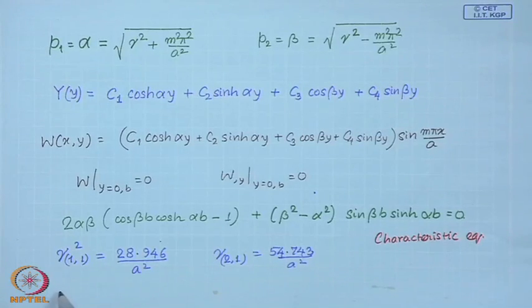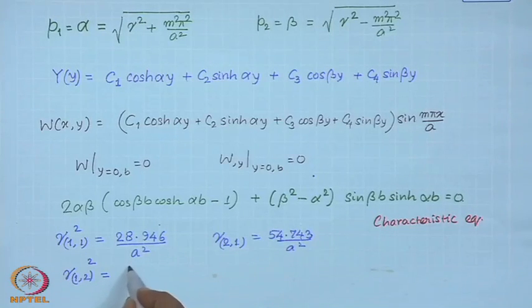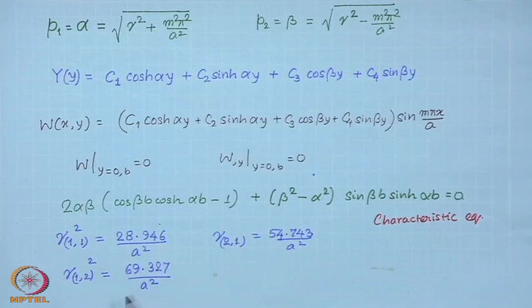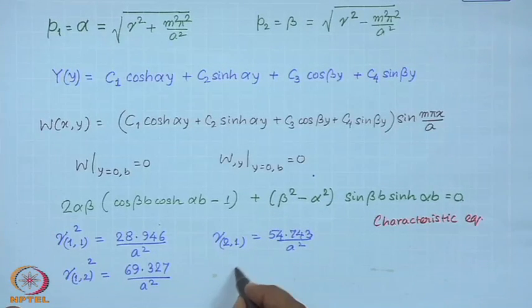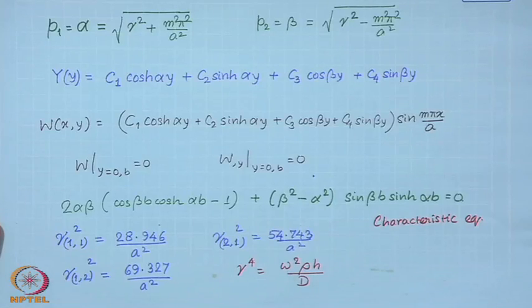Now, I have written out the first 3 modes, and if you look at this definition, gamma power 4 is this, so from here you can determine the natural frequencies.